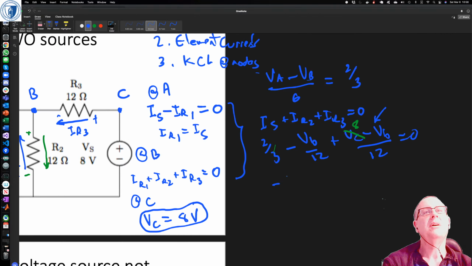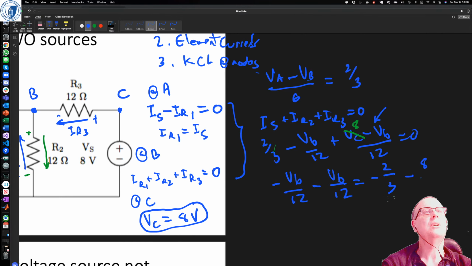So that's going to be minus VB on 12 minus another VB on 12, and that equals minus 2/3, and then that's going to be minus 8 on 12, which is probably also 2/3. Maybe not.